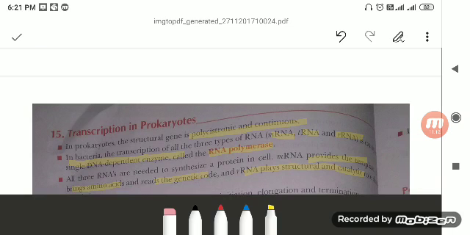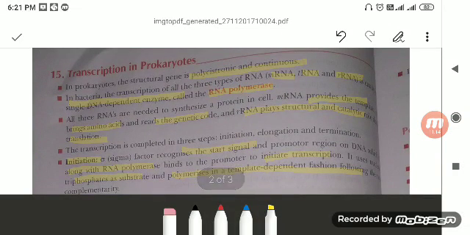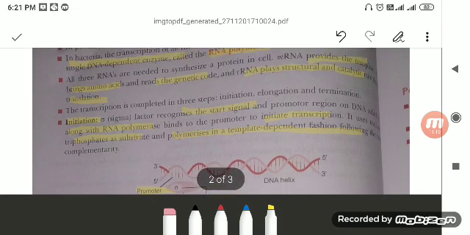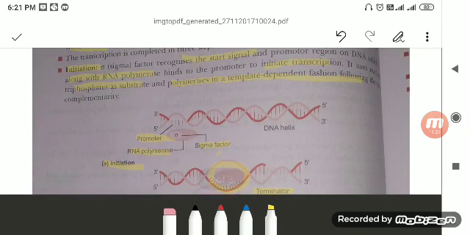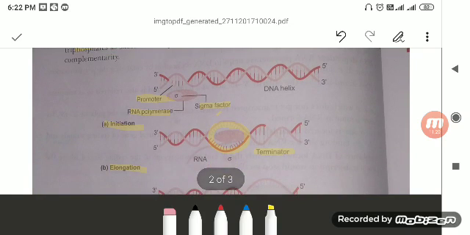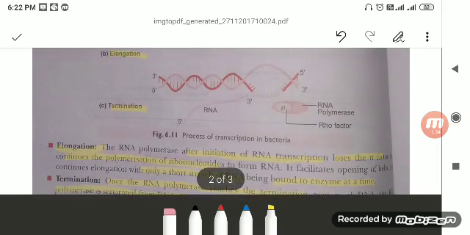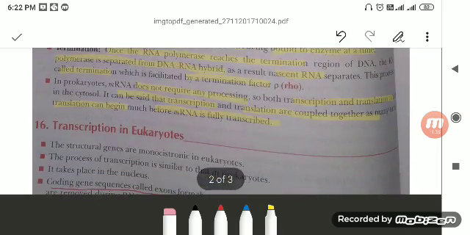The same enzyme, RNA polymerase, is used for the synthesis of mRNA, tRNA as well as rRNA. We have the initiation with the sigma factor at the 5' end of the coding strand, known as your promoter. Then there is the polymerization with the help of the RNA polymerase enzyme, and at the terminator end they get separated with the help of another termination factor known as Rho, and that takes place in the cytoplasm of the cell.